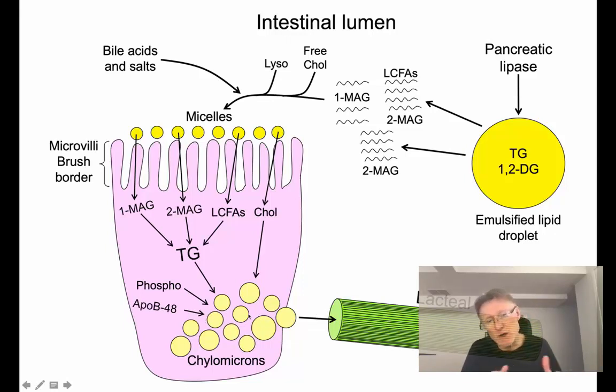So they cross the basolateral membrane of the enterocytes, and then they enter the lymphatic system, and eventually get into the circulation. Remember, the lymphatic system drains your gut, and goes all the way up to your thoracic duct, and that's where it communicates with the blood.